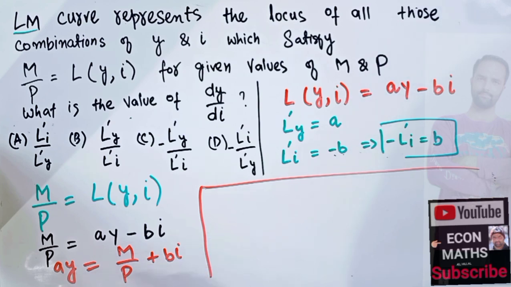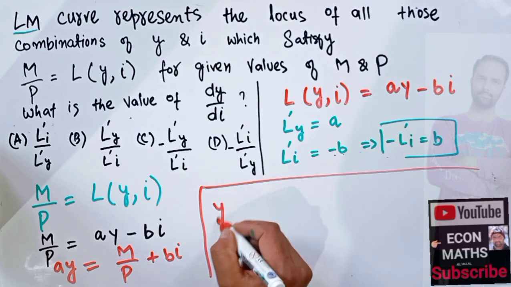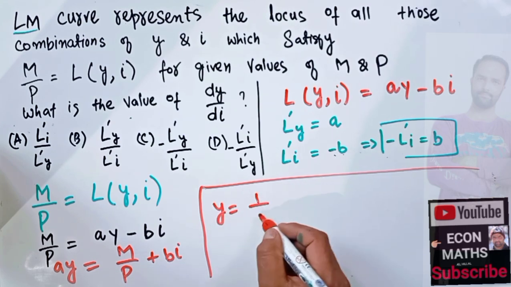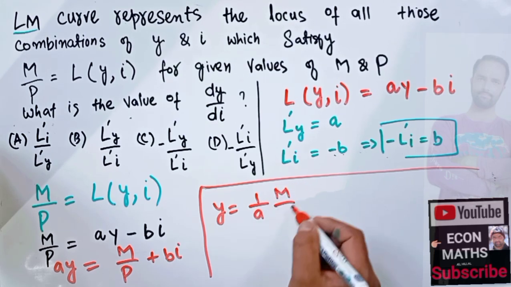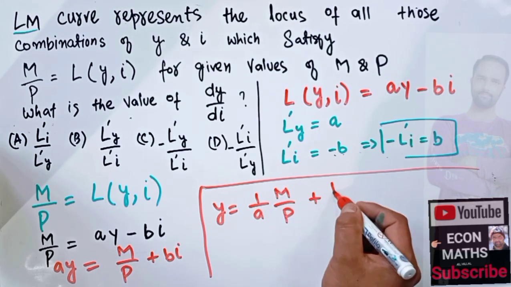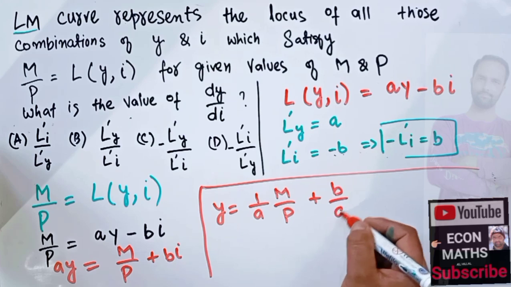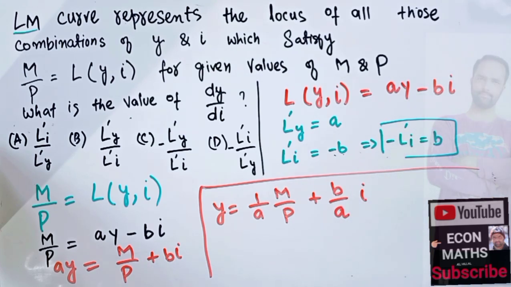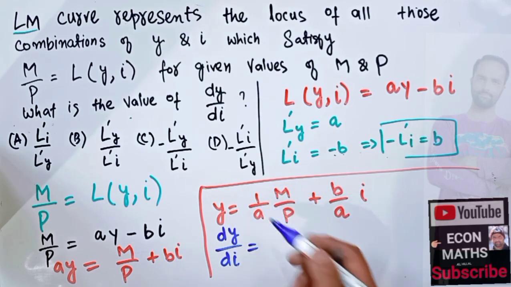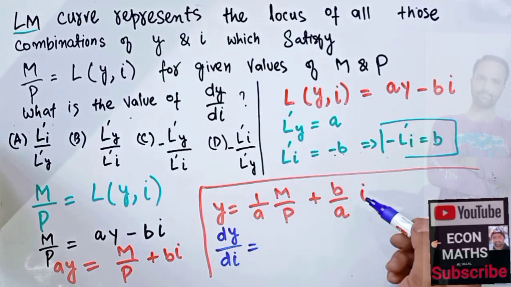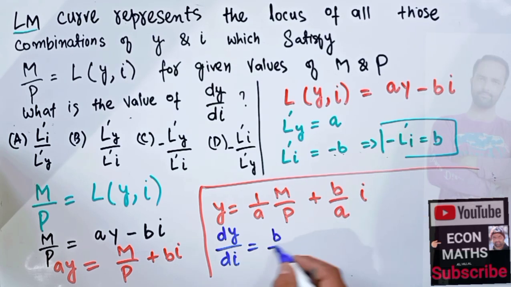Again dividing both sides by a, we will get y is equal to 1 upon a times M upon P plus b upon a times I. We need to find out dy upon di. Let's take now the derivative, that is change in income with respect to change in interest rate will be equal to, since no I is involved in the first term, its derivative is 0. The derivative of I is 1, so we are left with b upon a.